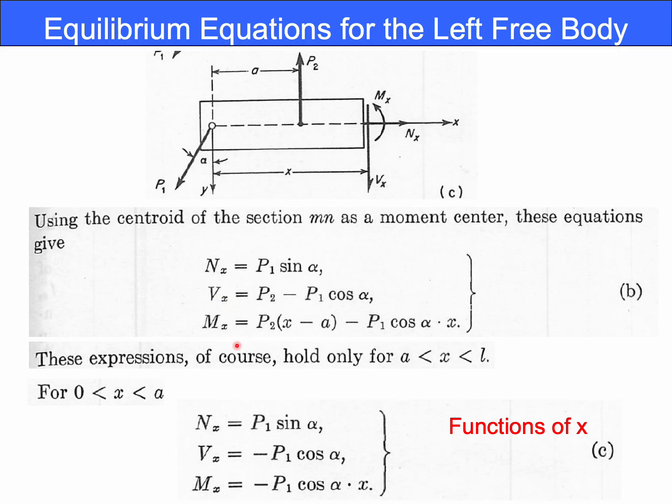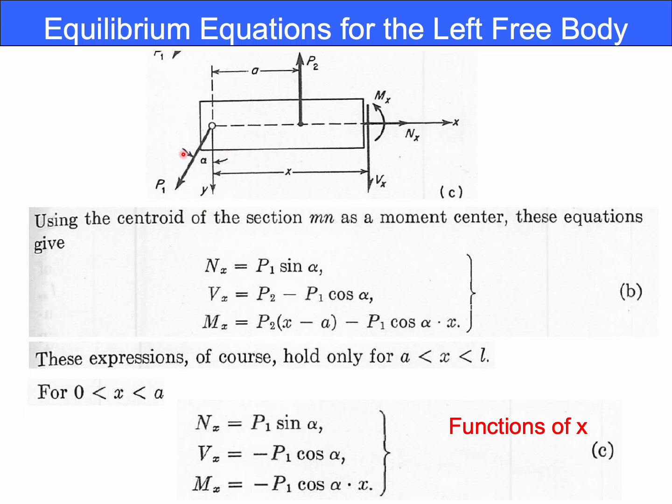And the resulting moment Mx should be the total moment calculated by taking the center here. So Mx should be P2, and the distance is x minus a, this distance, so P2 times (x minus a), and you have to calculate the vertical component of this to calculate the moment.